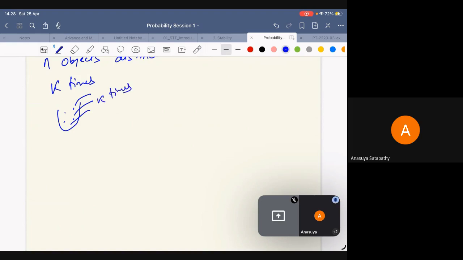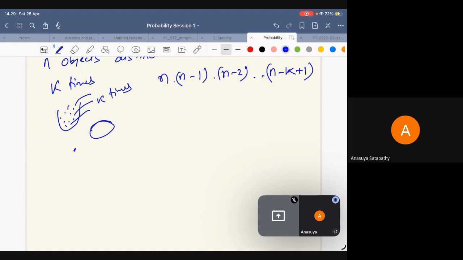So what will be the composition? For the first time there will be n varieties, because we have n different balls. The next time, one ball we have already taken out, now we will have n minus 1 varieties. So n into n minus 1 into n minus 2 up to n minus k plus 1, right?